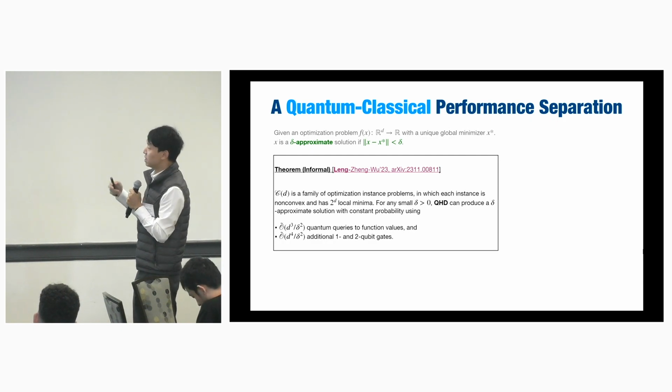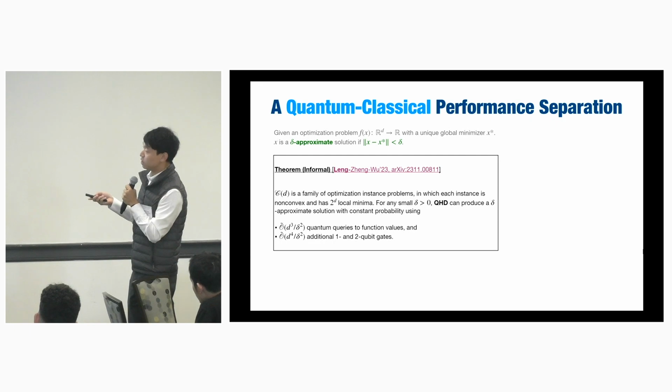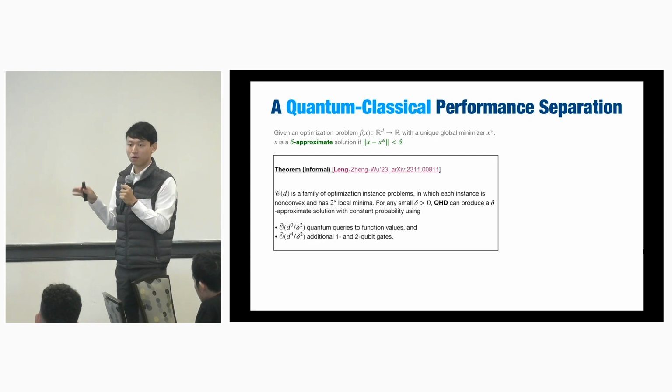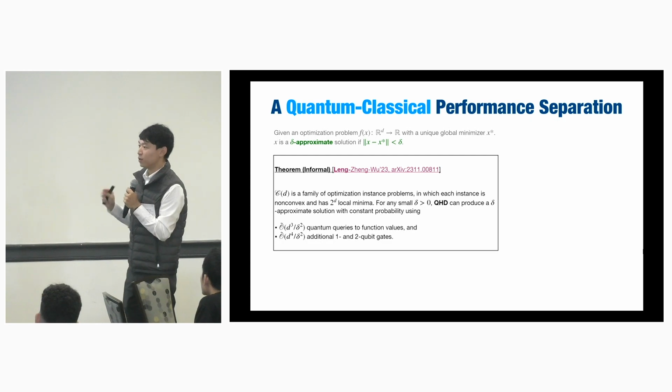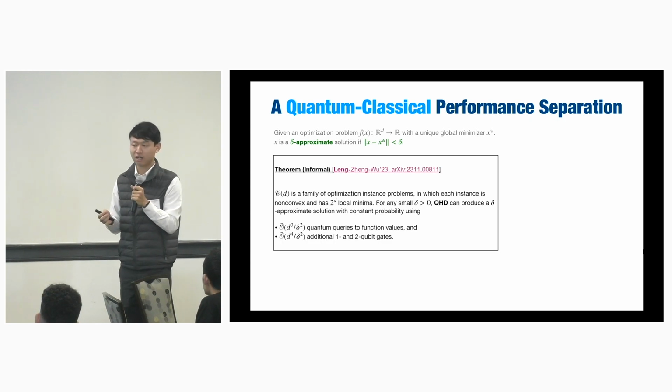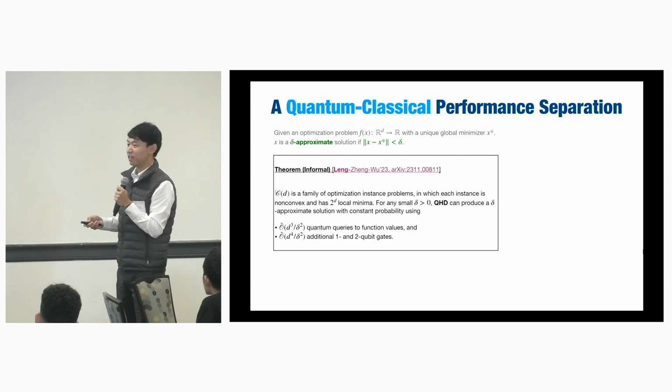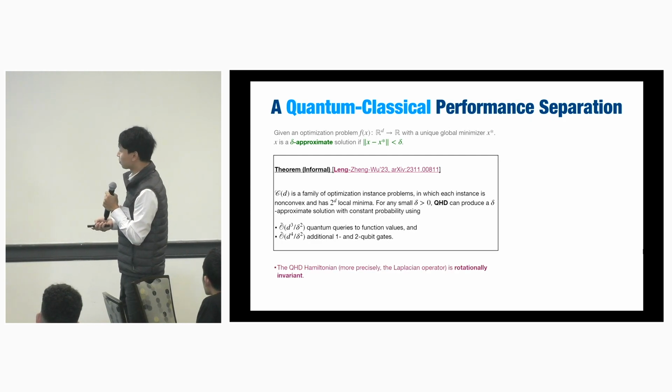So that means given this exponential number of local minima, this quantum algorithm QHD can still find the global solution in polynomial time, which is pretty surprising because non-convex optimization problems are NP-hard in the worst case. So those are definitely not easy tasks for classical algorithms.